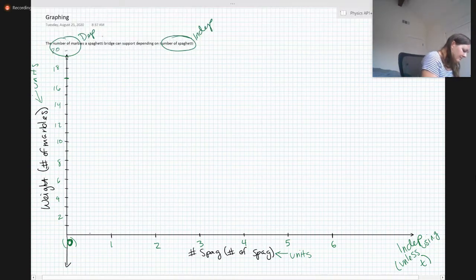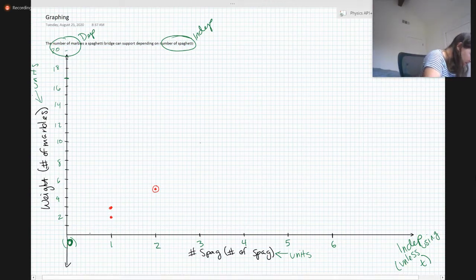So in my example, at 1, I had 1 spaghetti. I had 1 trial with 2 marbles, 1 trial with 3. At 2, I had 2 trials with 5 marbles. So you can indicate 2 data points are in the same place by making a little bullseye, circling it. That means there was 2 data points there.